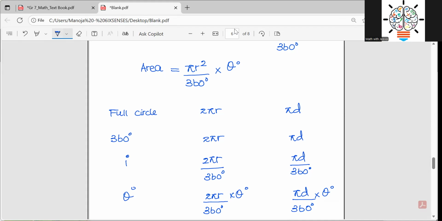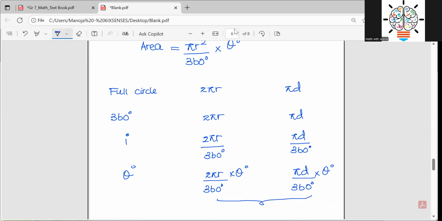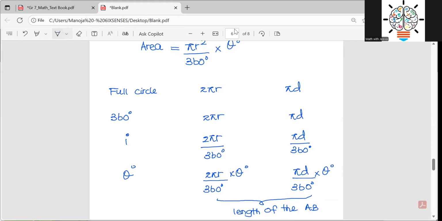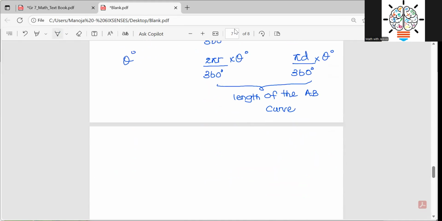Here what I calculated, children? Only the AB curve part, right? So this is the length of the AB curve path. But the perimeter is different, no? The perimeter is what you want to get.